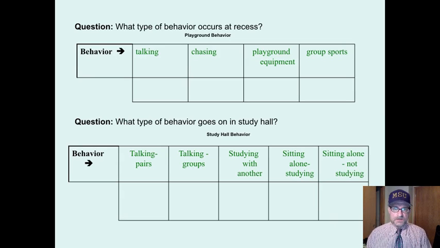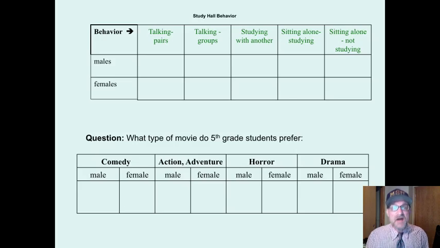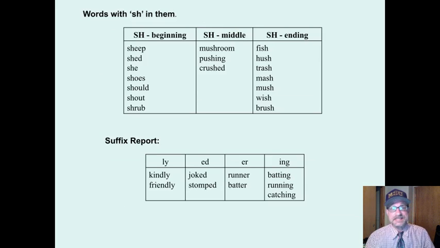And in this process, they're learning how to observe, how to record data, and they will be using technical writing to report the data. That's what makes inquiry so powerful. Study hall behaviors. What type of movie do 5th grade students prefer? There's my nice data retrieval chart. A data retrieval chart is any graphic organizer that's used to help students collect and organize data.